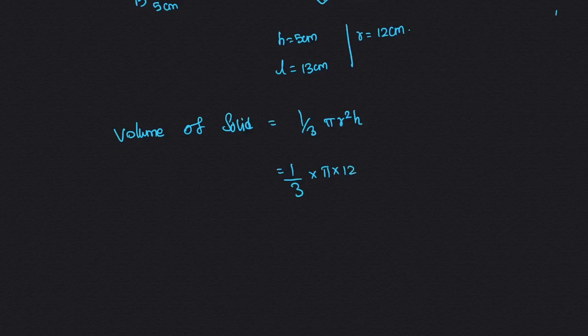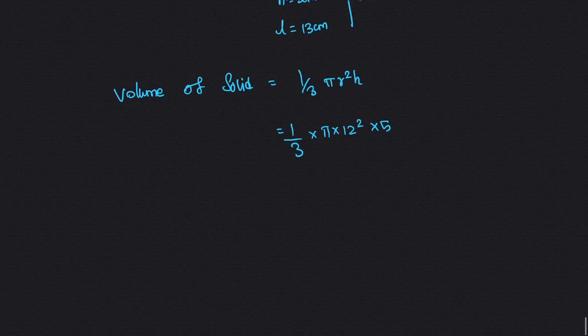So 12 squared, then h is equal to 5. After simplifying, we are getting 240 pi centimeter cube. So this is the volume of question number 8.